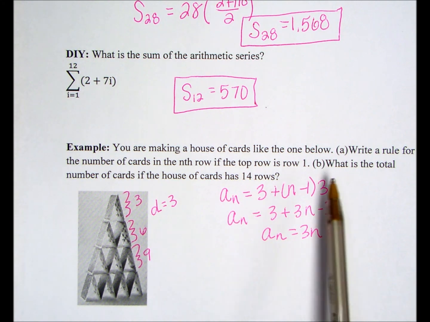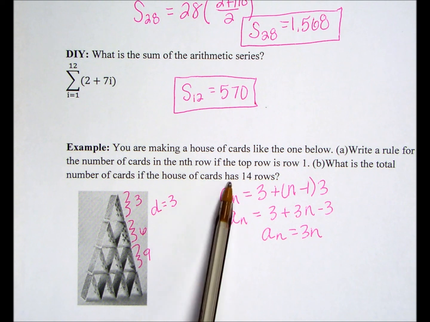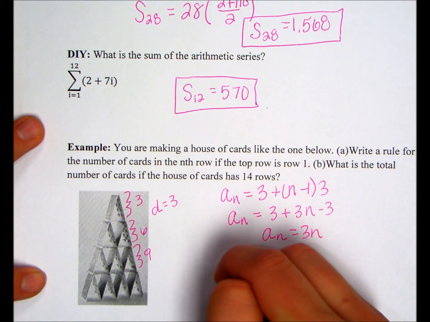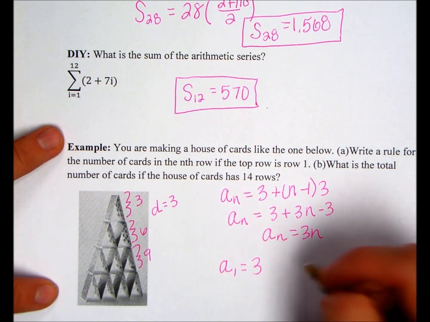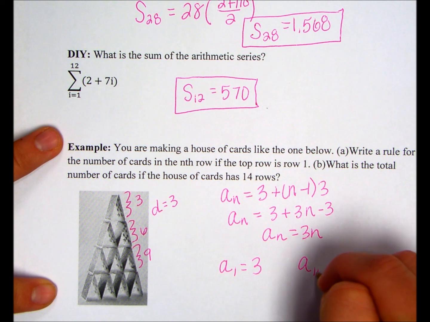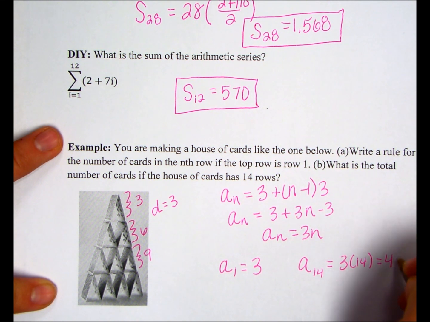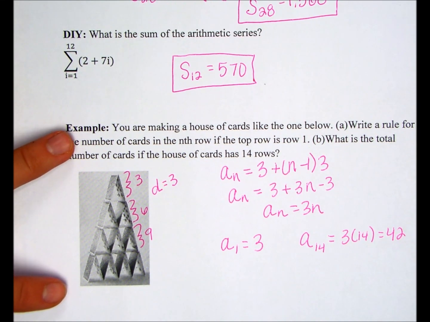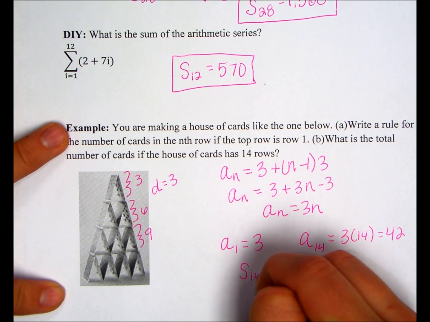They also ask me in B, what is the total number of cards if the house of cards has 14 rows? Well, I know my first term is 3. And now I can find my a sub 14. 14 rows, 3 times 14 is 42. And I can use my rule to find the sum of all 14 rows.